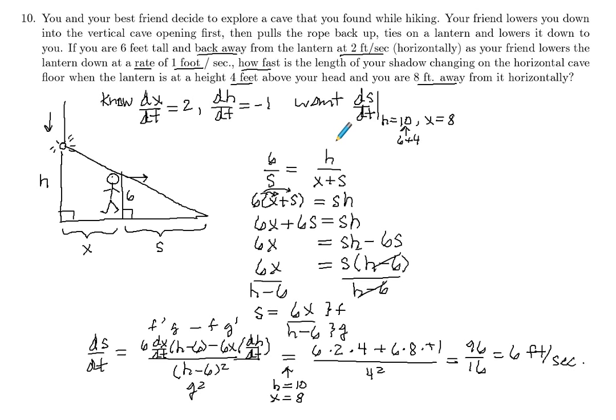Surface area and volume of a sphere, I think those are more common. So the volume of a sphere, remember, is 4/3 pi r cubed. Okay, so that one you should remember. And then the surface area of a sphere is 4 pi r squared. Okay, this is for a sphere.